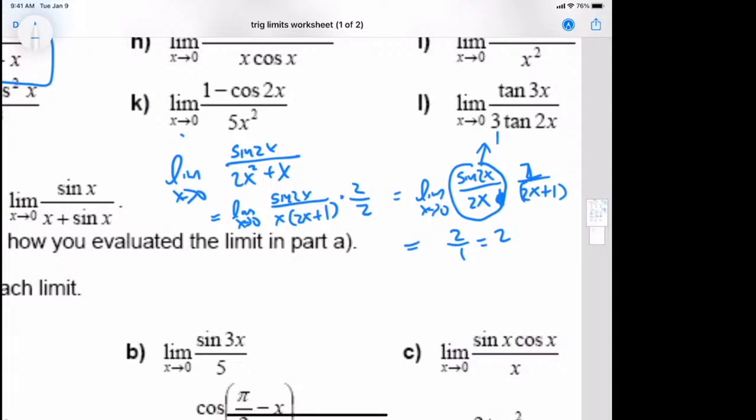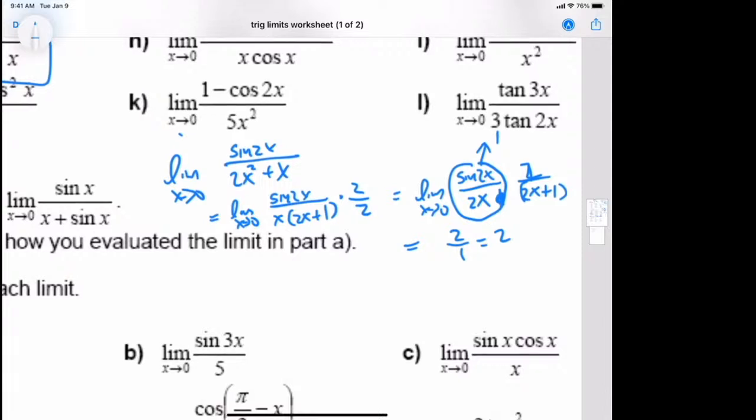I don't really understand. Okay, so do you see f factorial x on the bottom? Yeah, I see that. Okay, do you see I want to make either sine of x over x happen, or it could be sine of y over y, so long as they have the same variable.